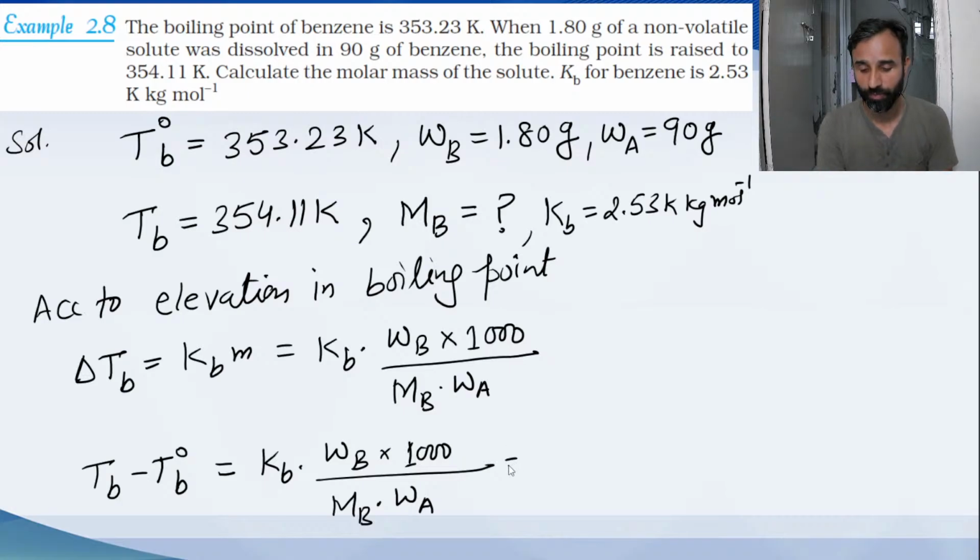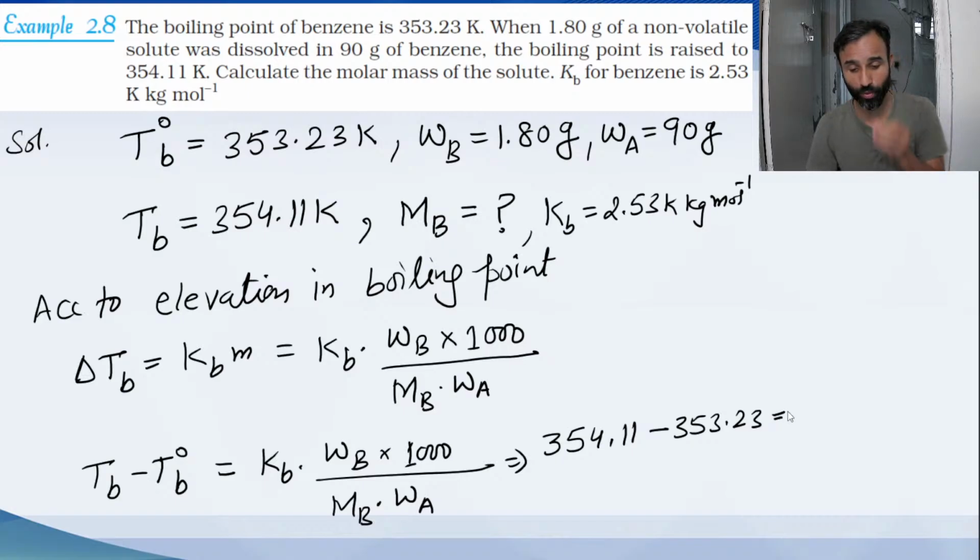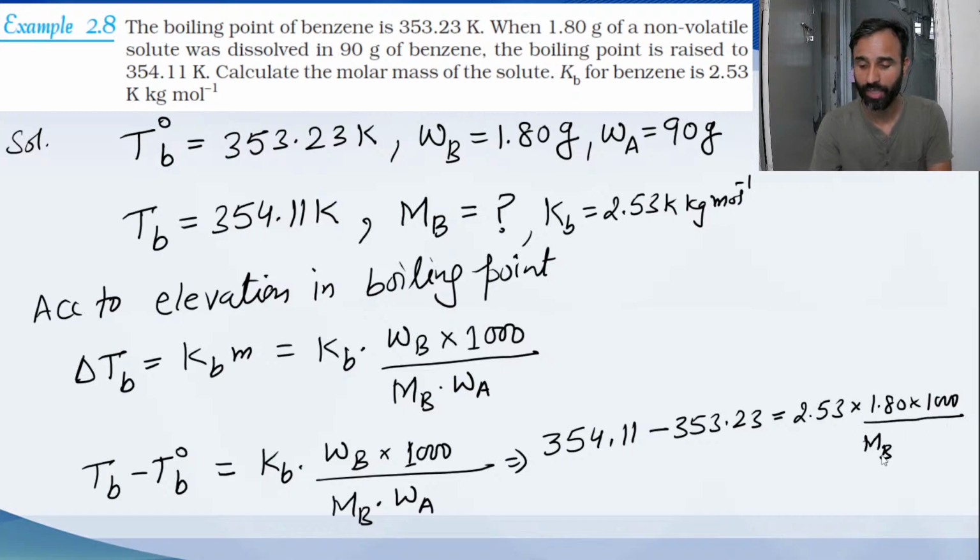Just put the values. What is TB? It is 354.11 minus 353.23, and that is equal to KB. KB is 2.53. WB, 1.80 into 1000 divided by MB that you have to calculate, and WA is 90.